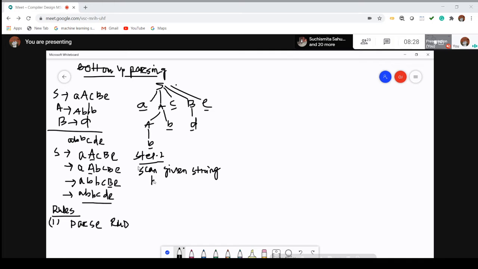Identify a handle which can be replaced by a non-terminal symbol from the given grammar. The method of finding the handle is called handle pruning.